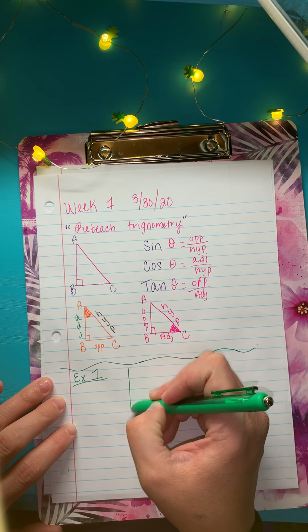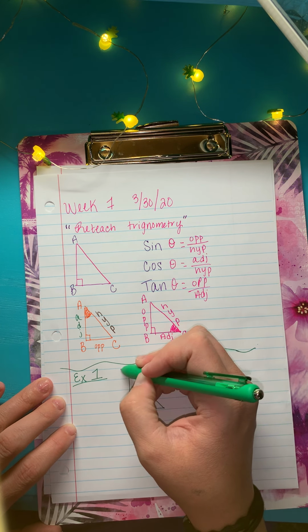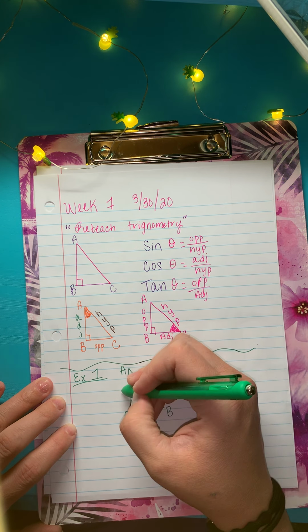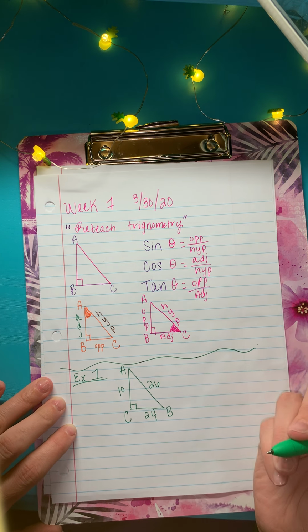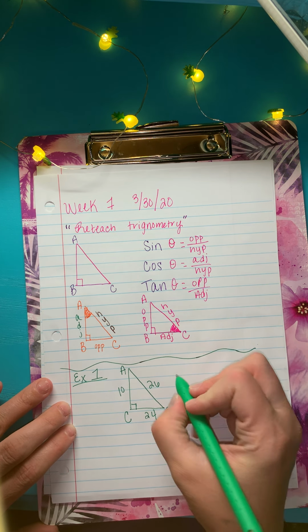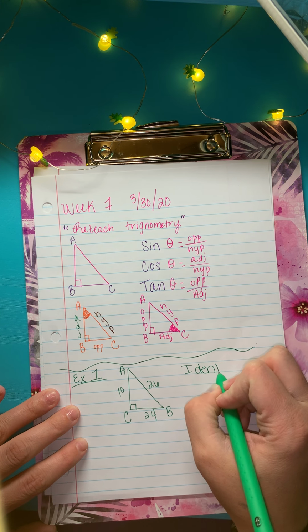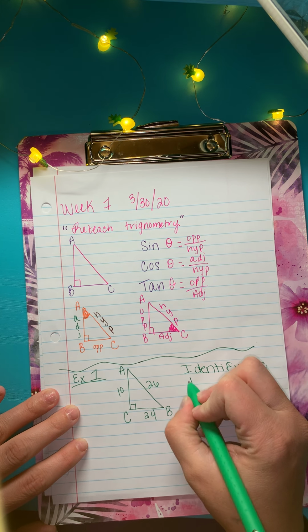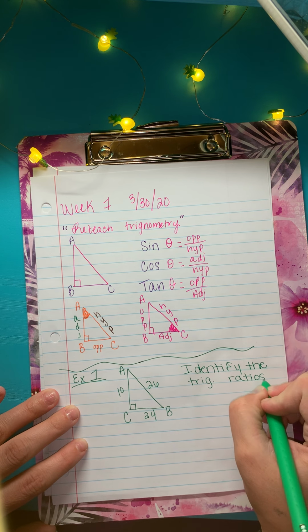I want to look at a right triangle, ABC. I'll give some values here to these side lengths. First question is identify the trig ratios.